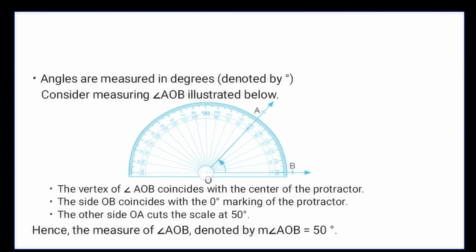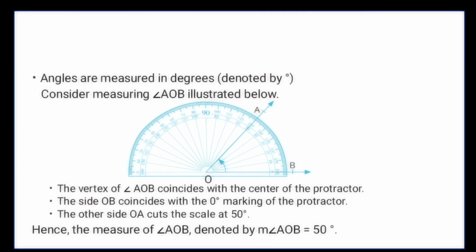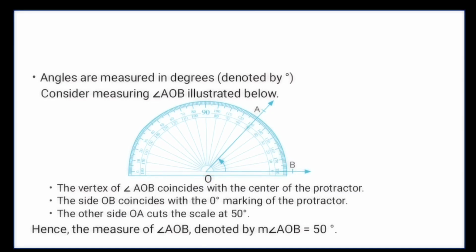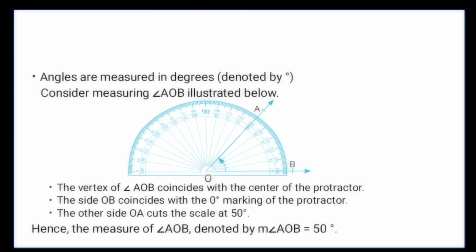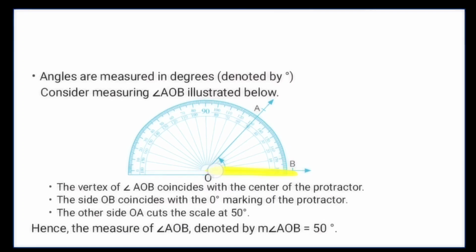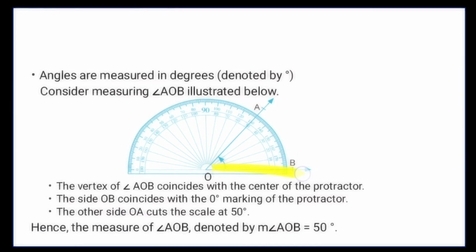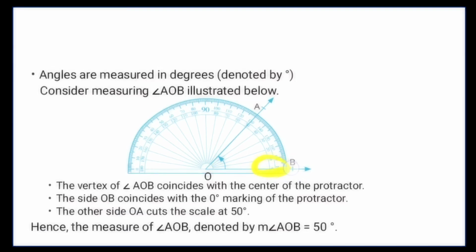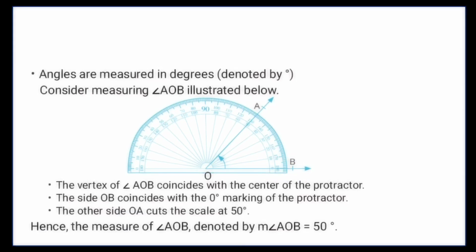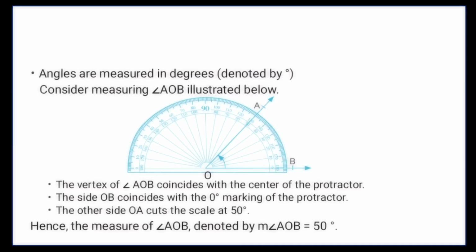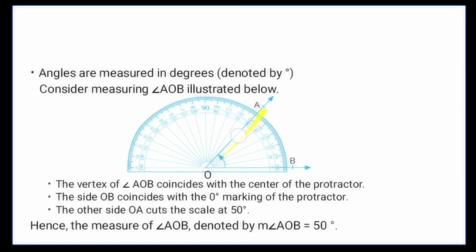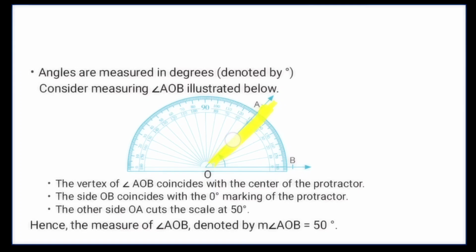Okay, again, the vertex is placed at the center of the protractor. Then the side OB is at the 0 degree marking of the protractor. Okay, this is the 0 degree. Then the other side, OA, cuts the scale at 50 degrees. So as you can see, this is the other side.